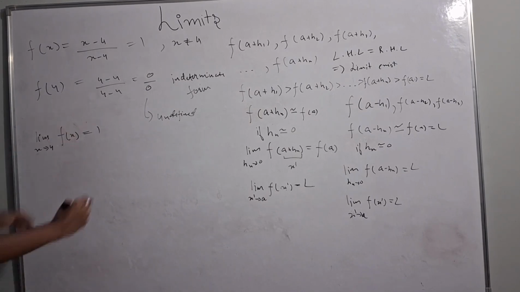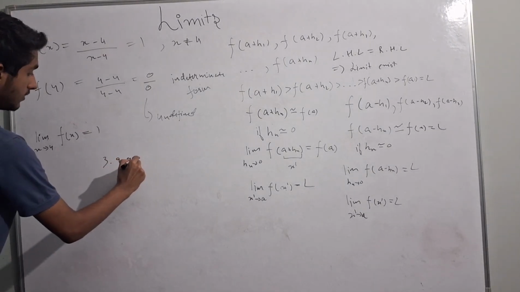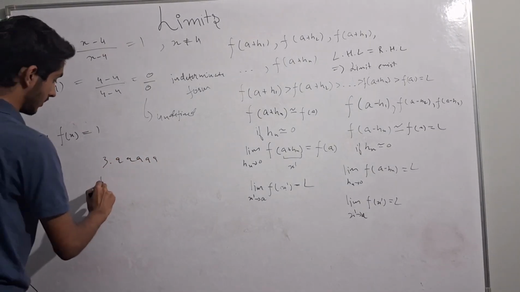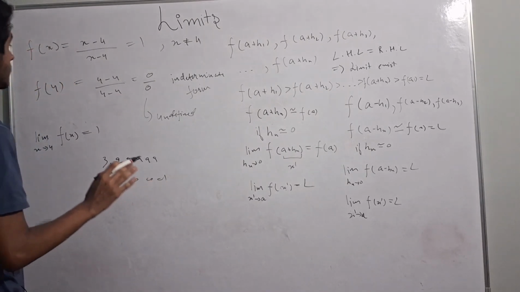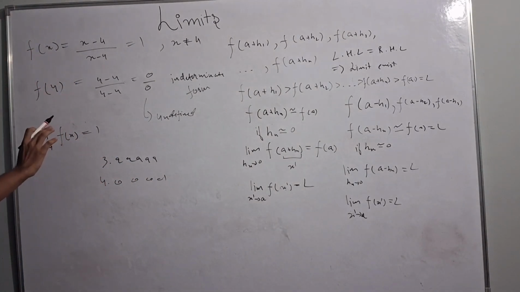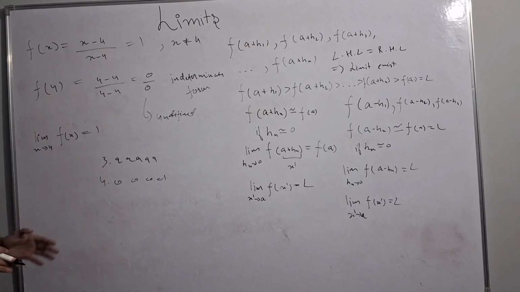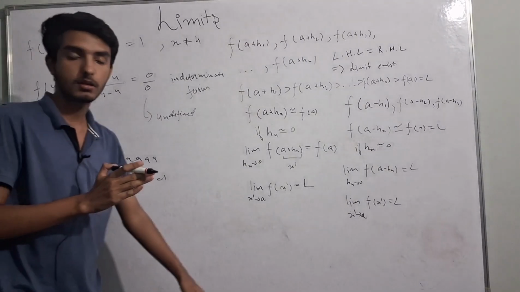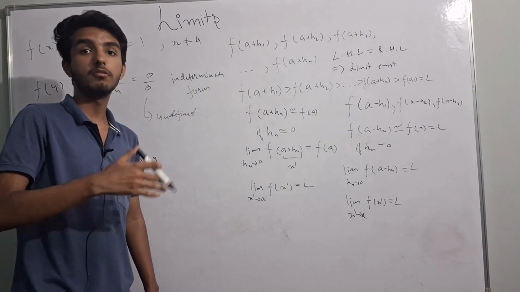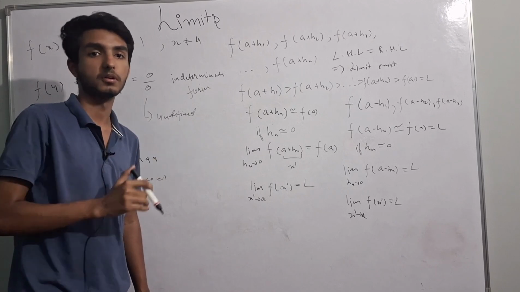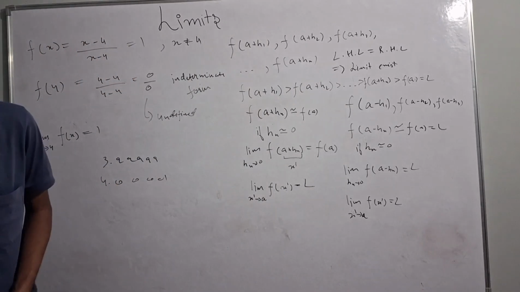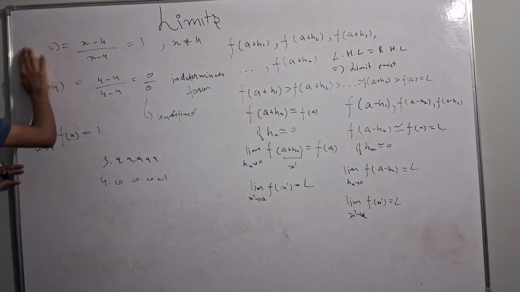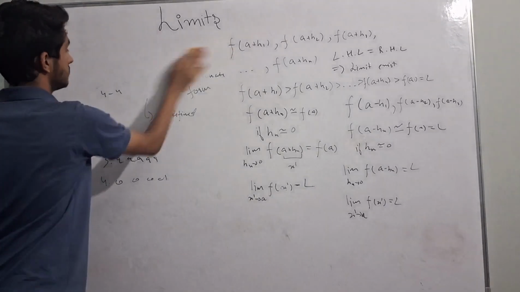That means we can take 3.99999 and we can also take 4.00001, but we cannot plug in the value of x as 4. So that's what a limit is. A limit is like a boundary value to which we can get infinitely close but not actually that particular number. So I'll be giving some questions based on limits.